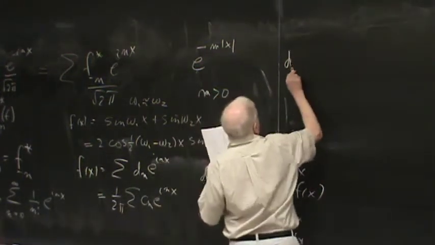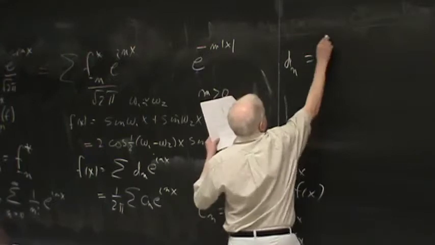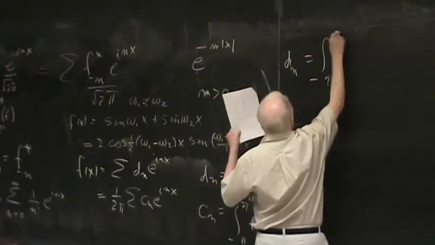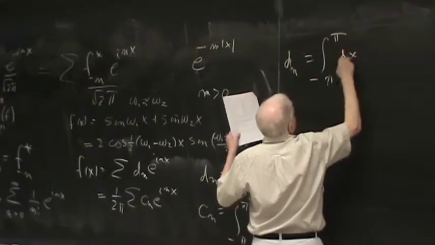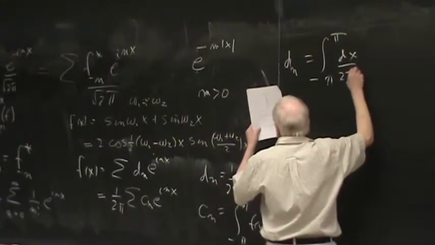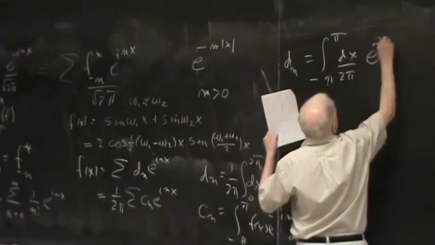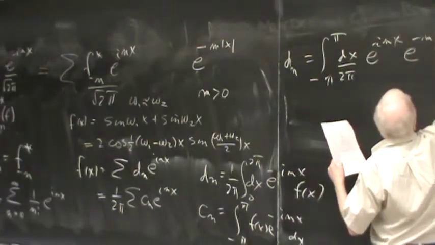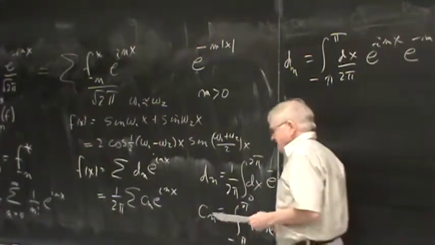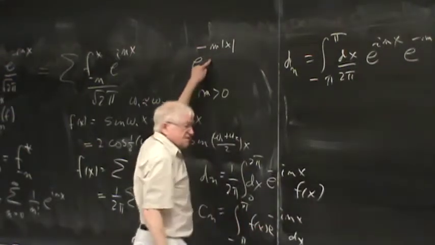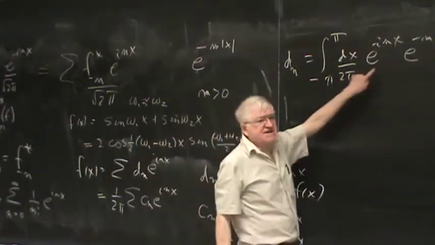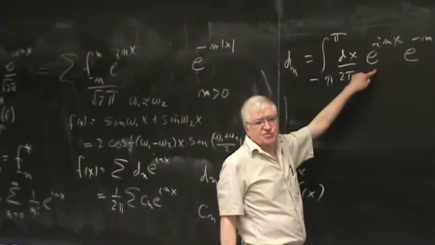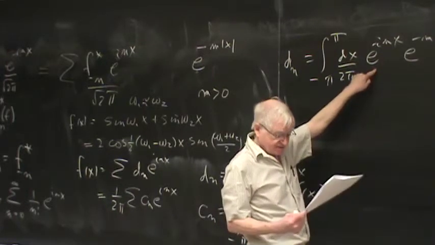And so the d_n coefficients might be integral from minus pi to pi, dx over 2 pi, e to the minus i n x, e to the minus m absolute value of x. Notice here, because the original function was an exponential, it makes sense to use complex exponentials rather than sines and cosines.